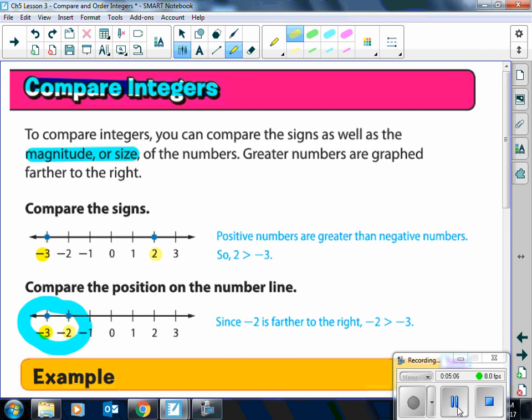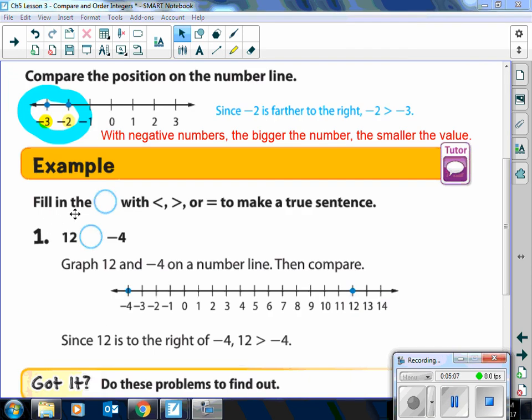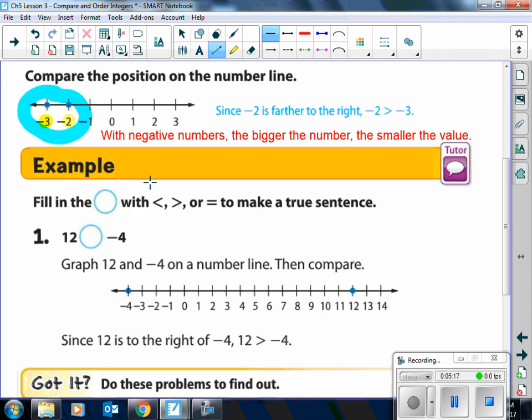Let's write that down. Here we want to fill in the circle, fill in the blank with a less than, a greater than, or an equal to. Now before we do that, I want to just make a little stop here and teach you how to read this symbol. Okay, see this symbol right here? When we read our books, we read from left to right, right?